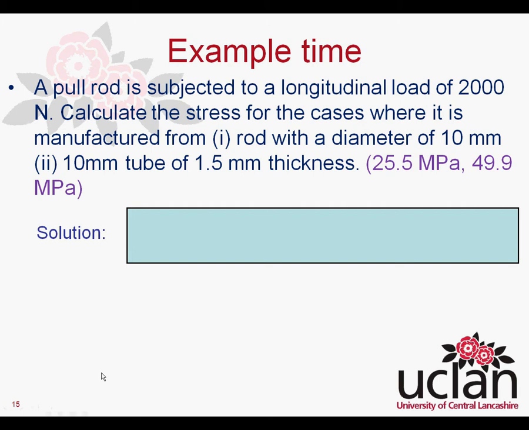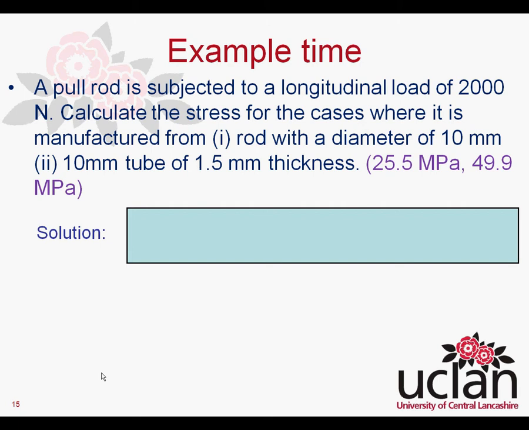Welcome back, and in the end of the last segment we asked you to evaluate a pull rod subjected to an external load of 2000 newtons. Calculate the stress for the cases where it is manufactured from a rod of diameter of 10 millimeters and a 10 millimeter tube of 1.5 millimeter thickness.